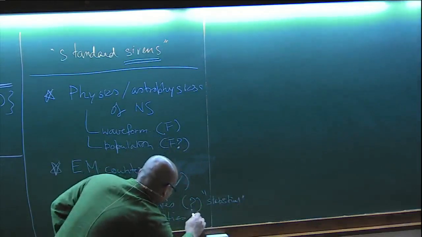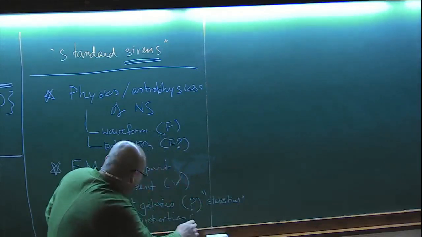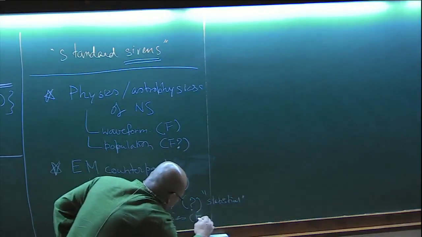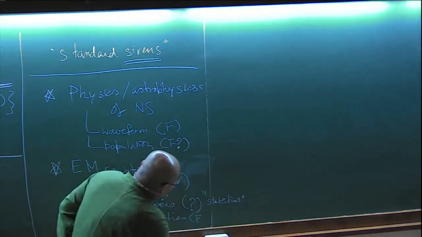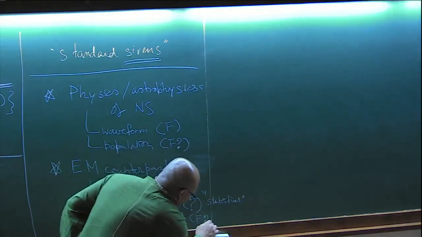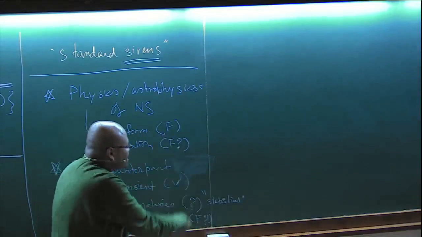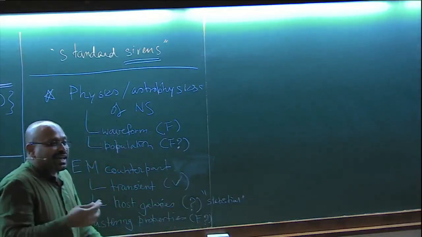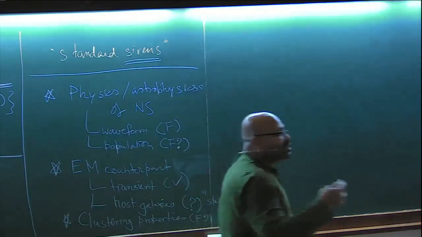And these clustering properties are also something that people thought were futuristic, but we still need to question whether all these things that we used to think are futuristic can be made use of in the near future.